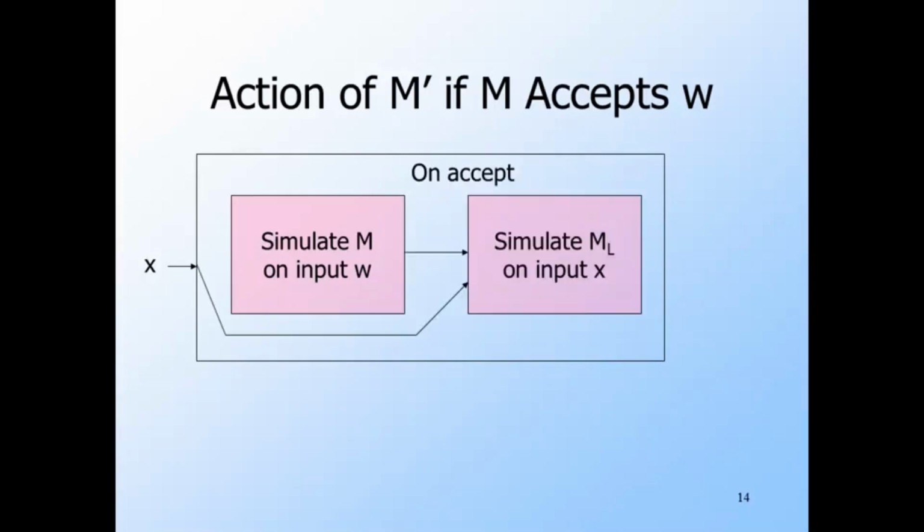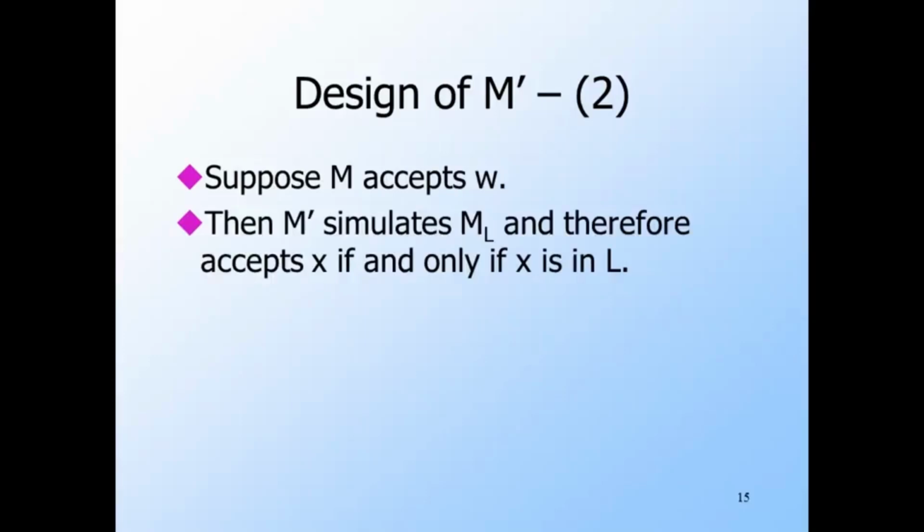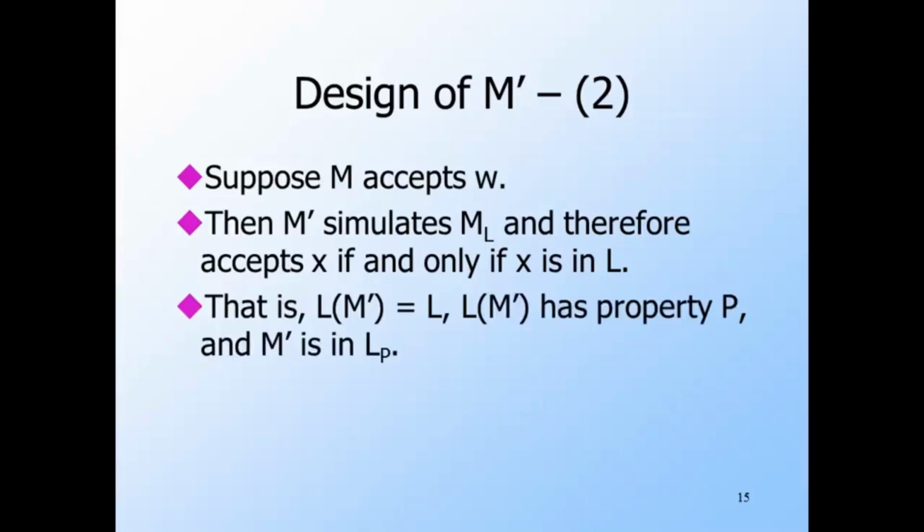But if M accepts W, then M prime simulates M sub L on its own input X. And M prime accepts X if and only if X is in L. So to summarize what we know about M prime, first, suppose M accepts W. Then M prime simulates M sub L on X and accepts X if and only if X is in L. That is, if M accepts W, then the language of M prime is L. We know L has property P, so M prime is in LP.